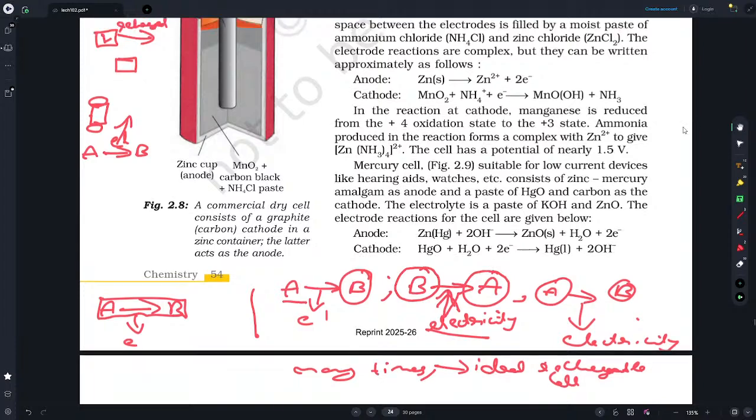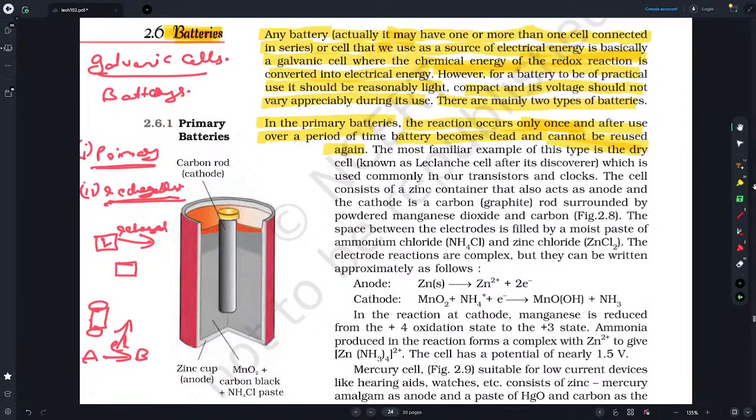So let's continue reading. In primary batteries, the reaction occurs only once, and after use over a period of time, the battery becomes dead and cannot be reused again.